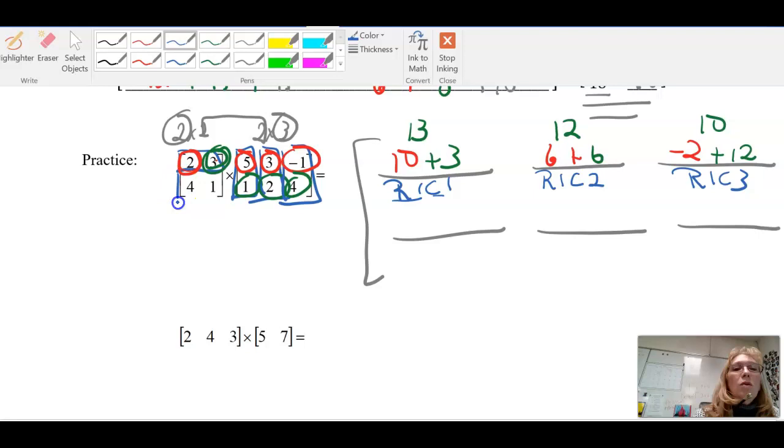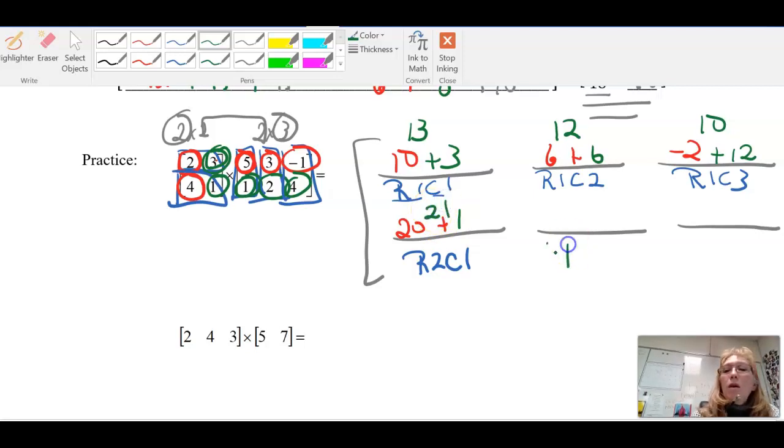Now we're moving down to the second row, because this is row 2, column 1. So now we're going to take 4 times 5, which is 20, plus 1 times 1, which is 1. So this guy is 21.